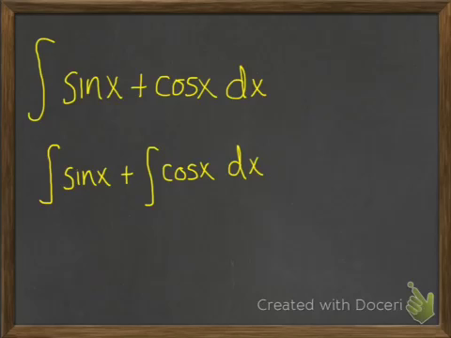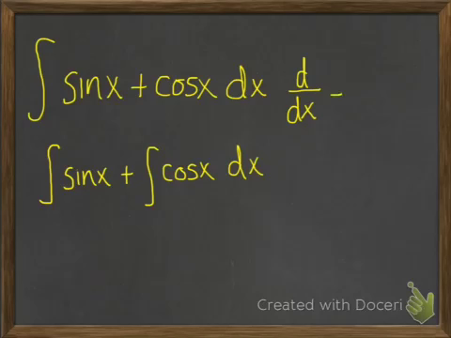And let's go ahead and solve for the first part, which is sine of x. Now all we need to know is the antiderivative of sine of x. What function, when you take the derivative, gives you sine x? Well, that's easy.